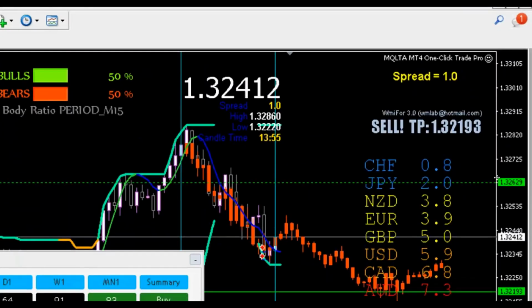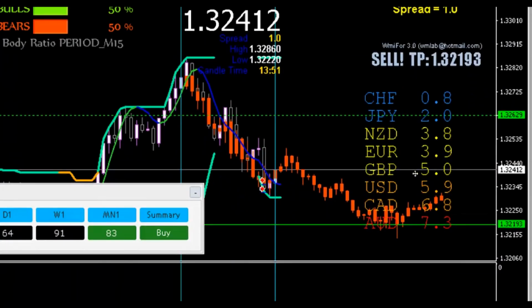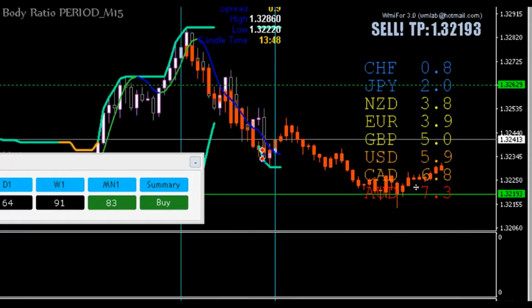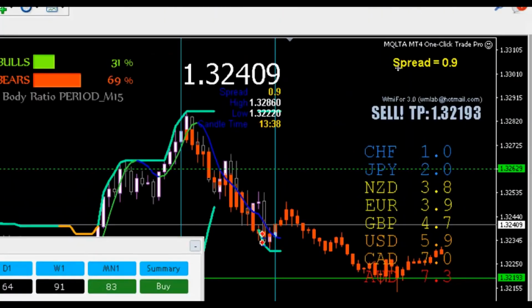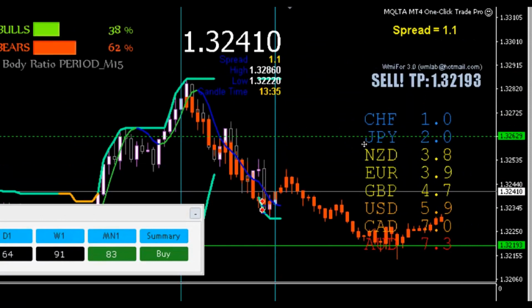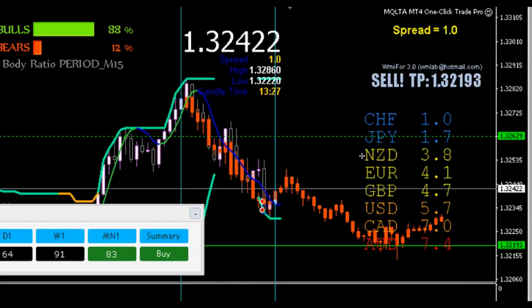The GBP and the US dollar are neck and neck, and in these circumstances I call it neutral, so I would not be executing any trades.